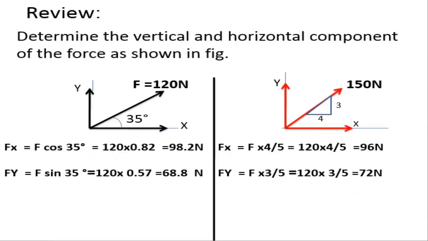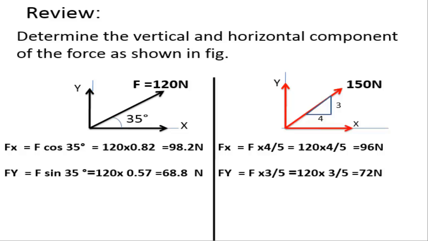Review. Determine the vertical and horizontal components of the forces as shown in the figure. For figure 1, F is equal to 120 and it is inclined by 35 degrees with the x-axis.